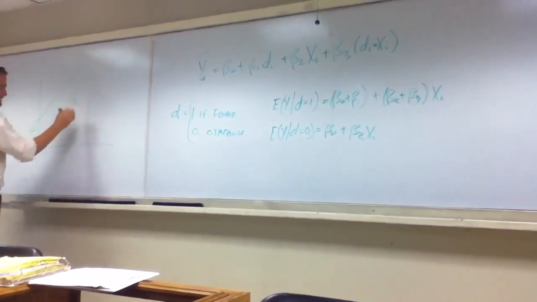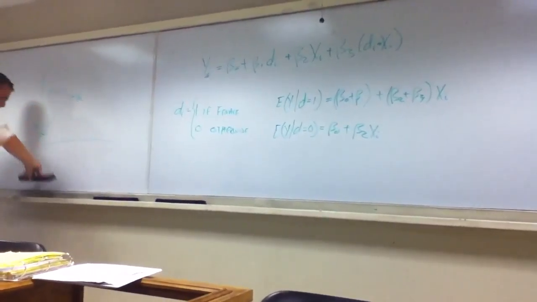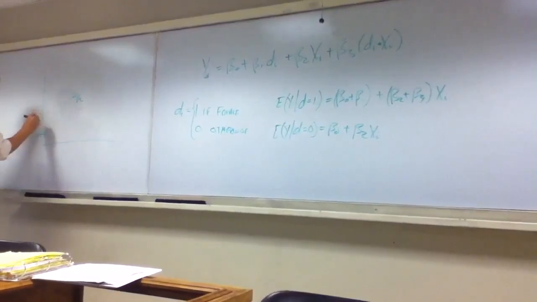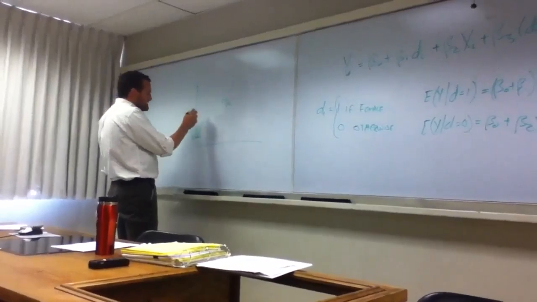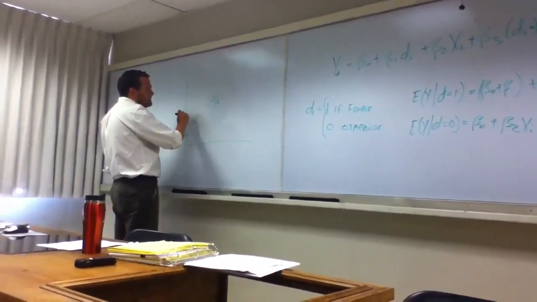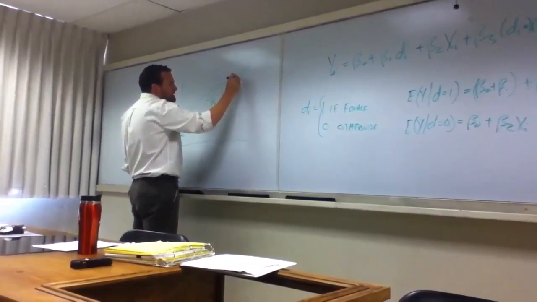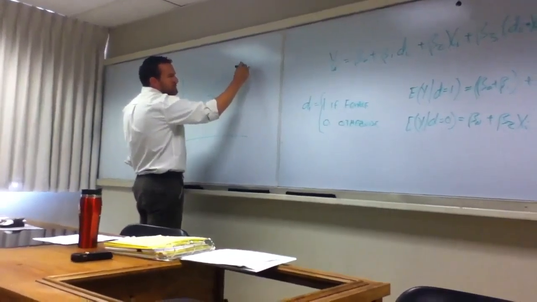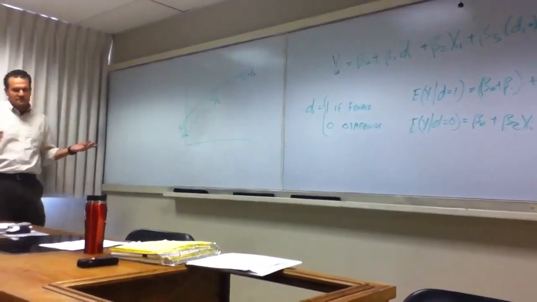If we have this other model, let's assume beta 3 is negative. You could have something like this, where the lines actually intersect. Here the slope is beta 2 plus beta 3. So you could have different intercepts and different slopes.